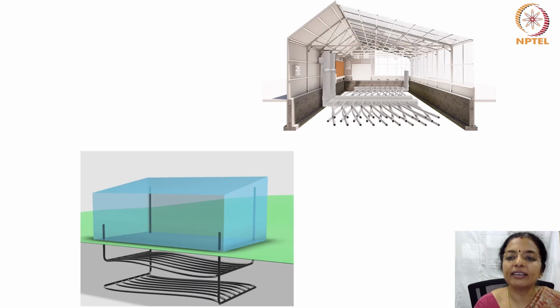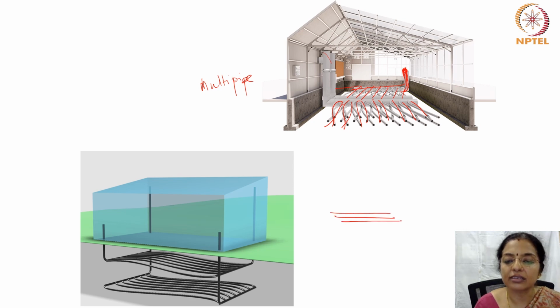So here is an example of a multi-pipe system where a network of pipes is buried into the soil with an inlet and an outlet hole. This is an outlet hole and air would come from somewhere else. Or you can even have two layers.